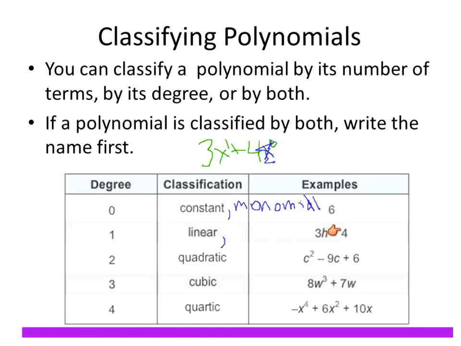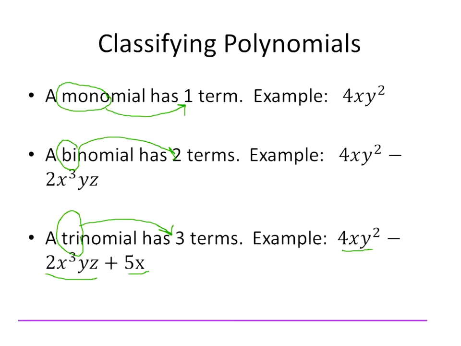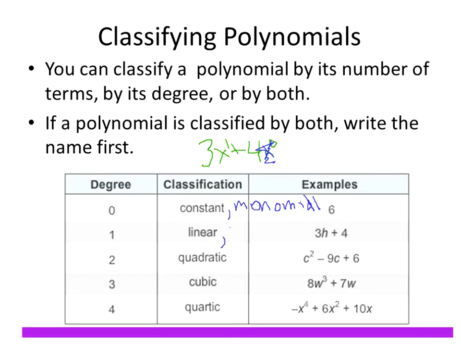This would be called a linear, and we can use the terms from the last page up here. We were talking about monomial, binomial, trinomial. It's got 2 parts, so this would be a linear binomial. Because it has 2 parts, but it also makes a straight line when we graph it because its highest degree is 1. This is a quadratic trinomial because you can count the parts.